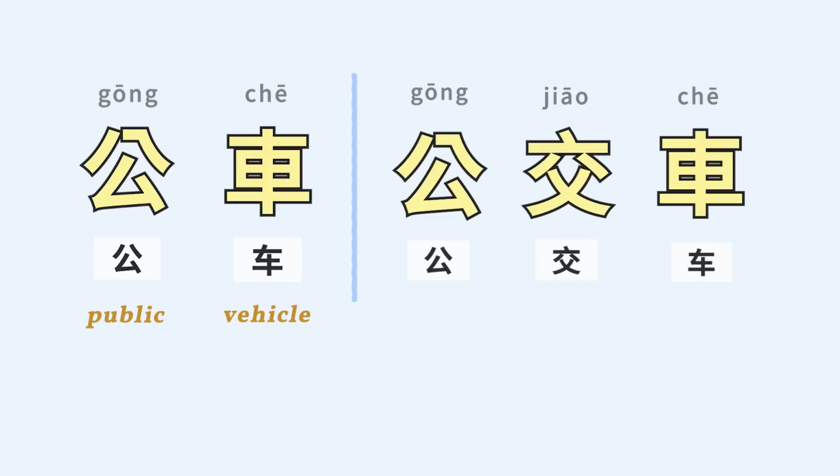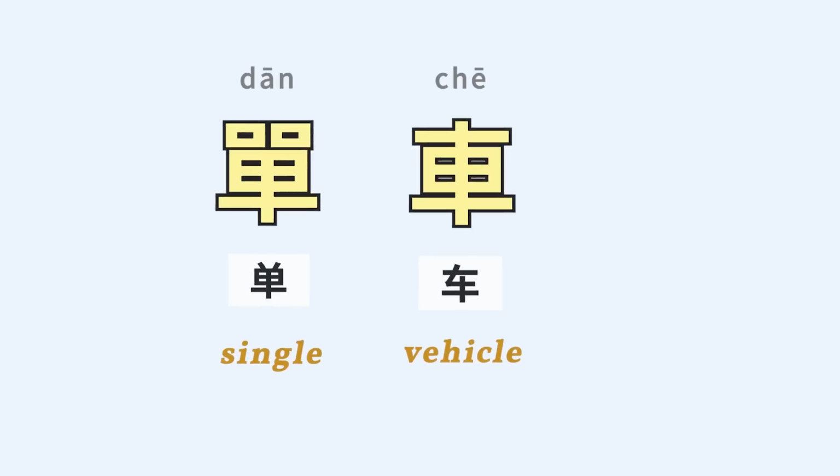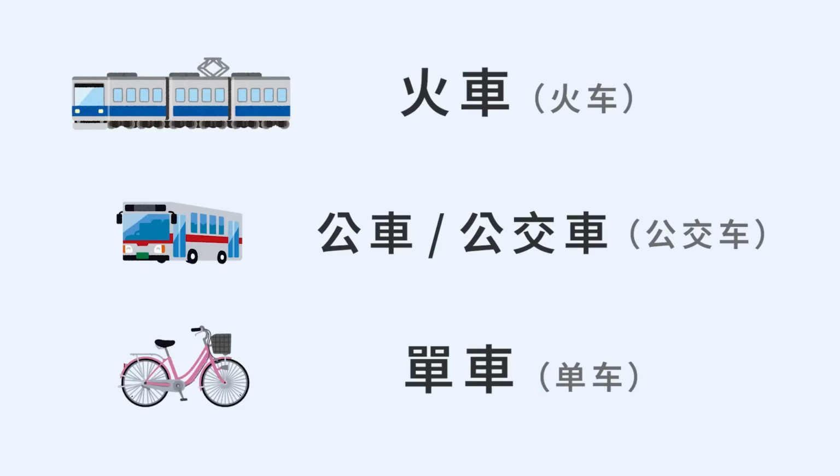Public vehicle or public transport vehicle is bus. And 单车. Single vehicle is bicycle, etc. You can see all these words are related to vehicles and they all have the root word 车.